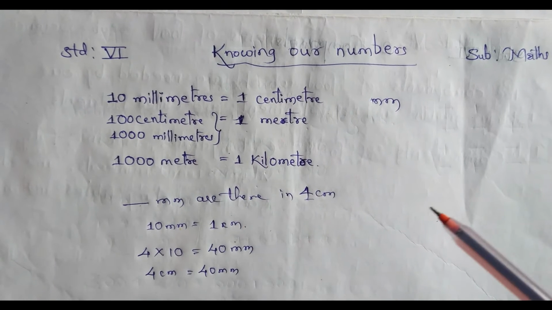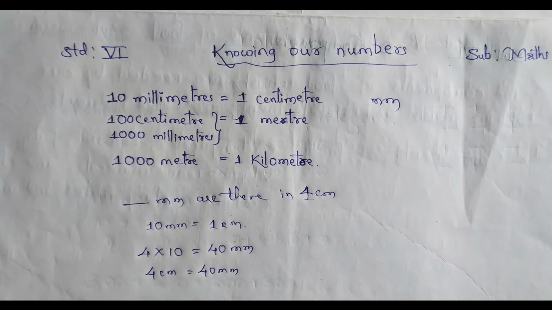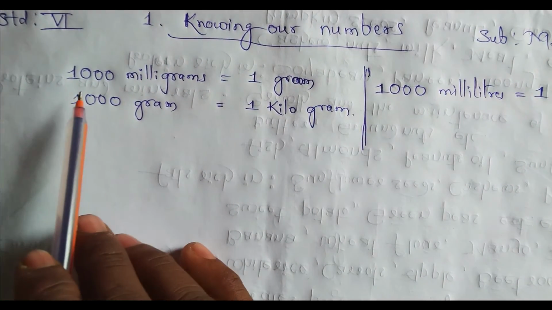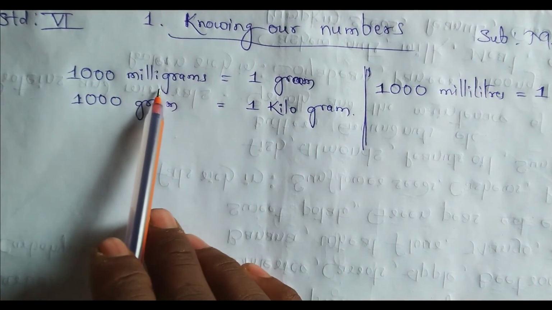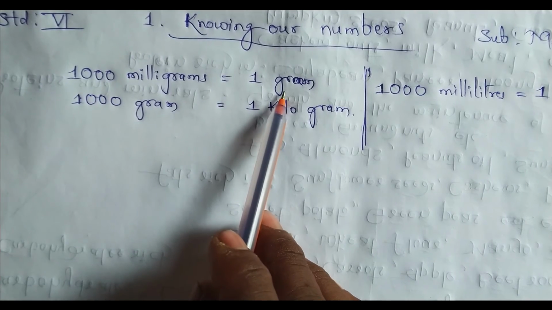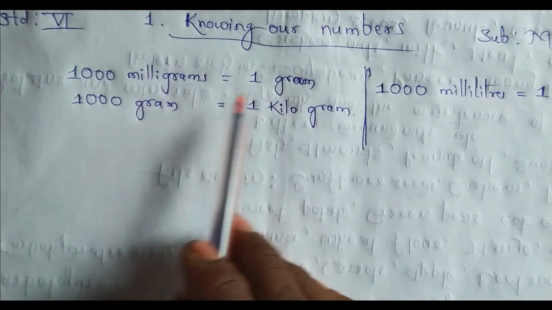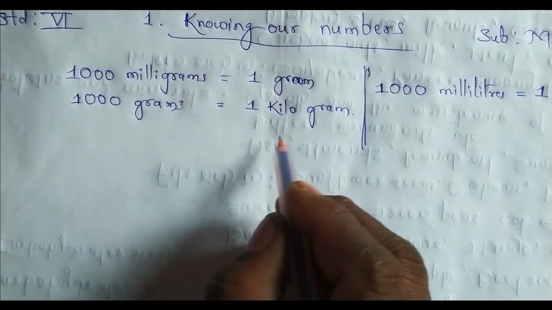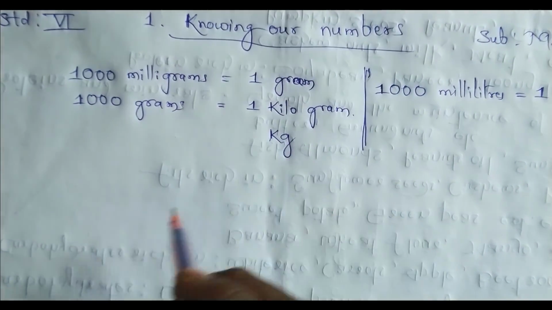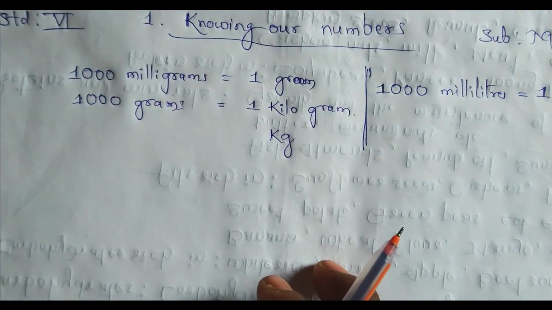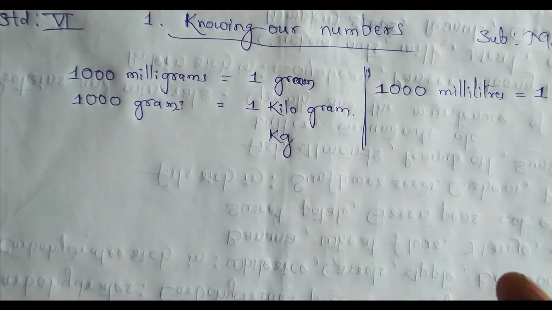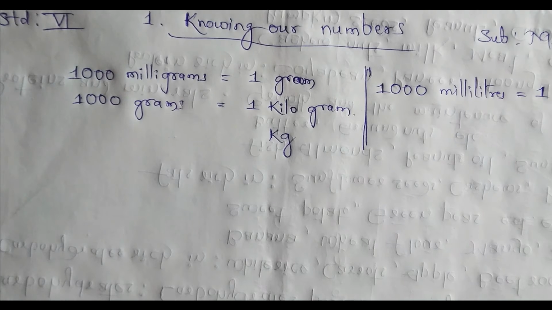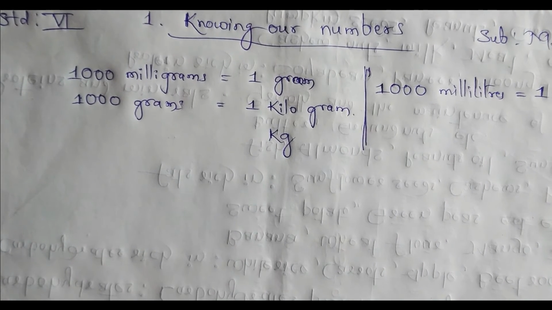Now next, go to kilogram and grams. One more measurement: 1000 milligrams is equal to 1 gram, and 1000 grams is equal to 1 kilogram. It is written in short as kg. When you go to a provision store to buy sugar or salt, whatever it is, you should take these items in kilogram. That is called kg.